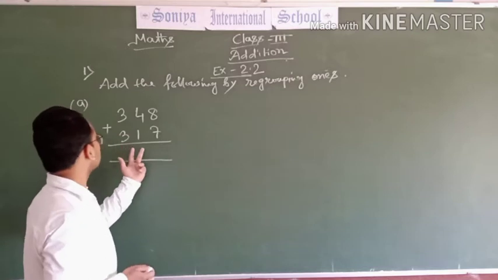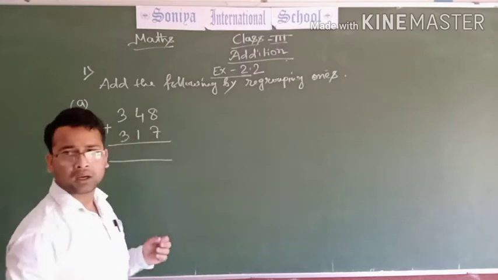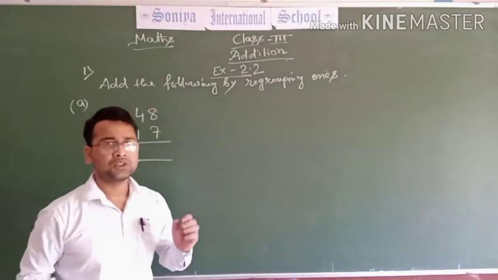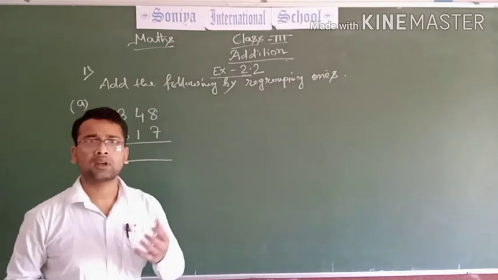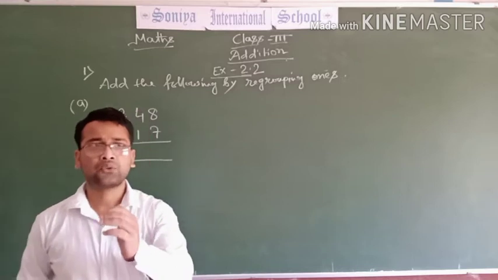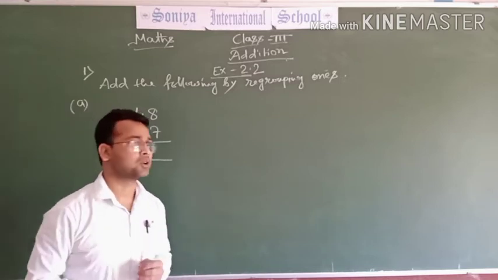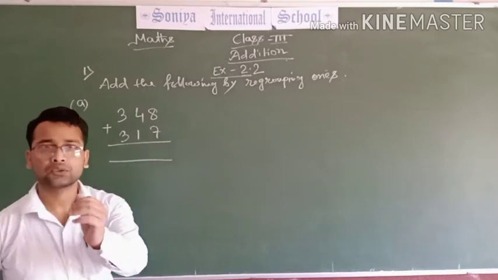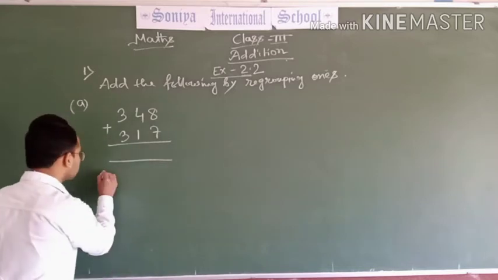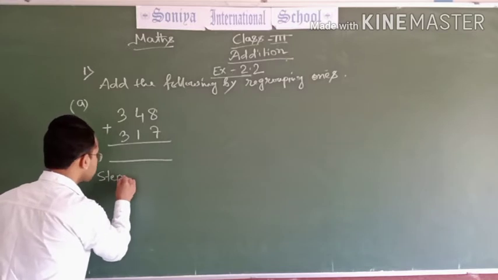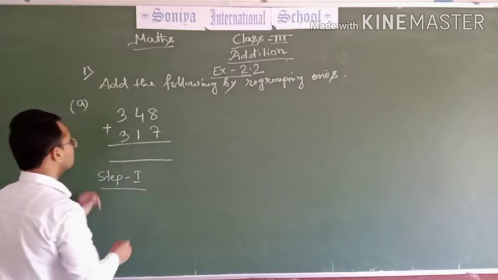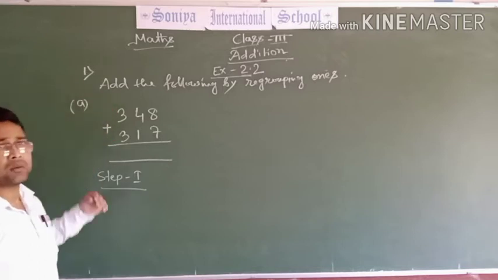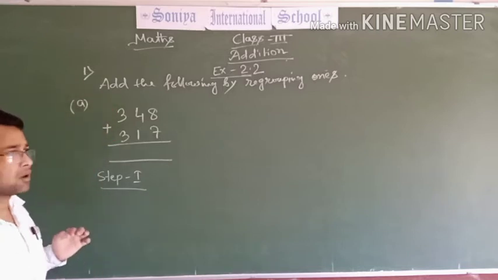Whenever you get a 3-digit number, go up to step 3; a 2-digit number, step 2; a 4-digit number, up to step 4. So here, 3-digit numbers, so up to step 3. First, step 1. You can write step 1 on top or at the bottom, no problem.